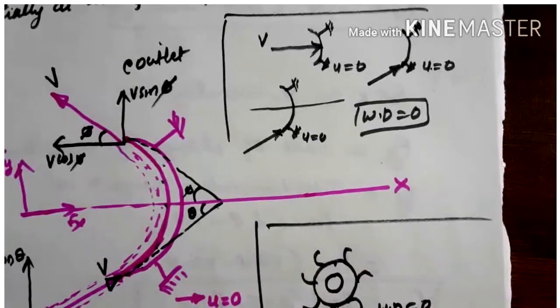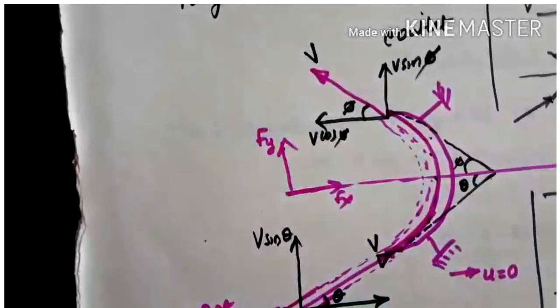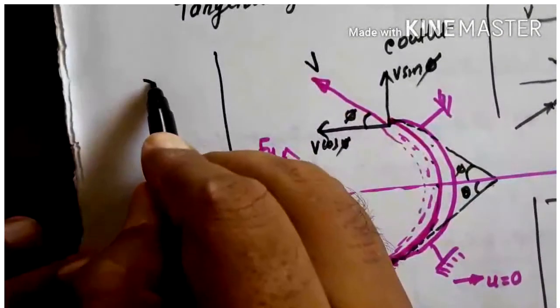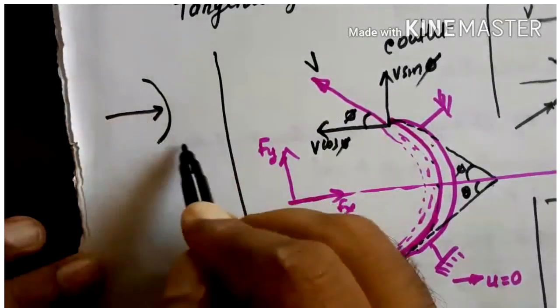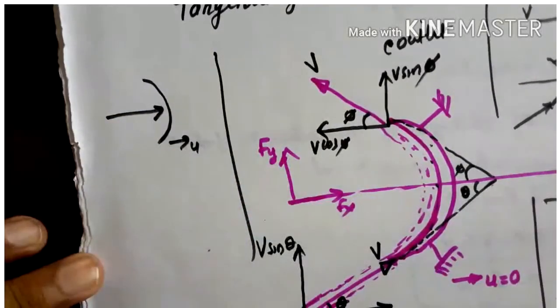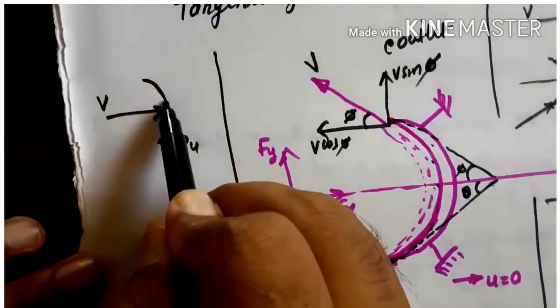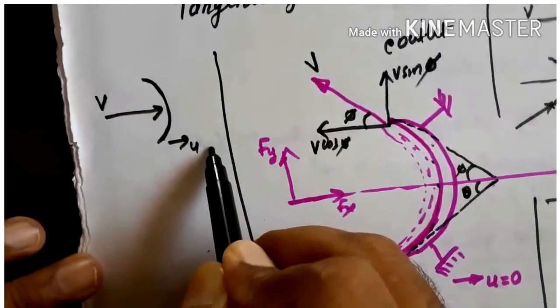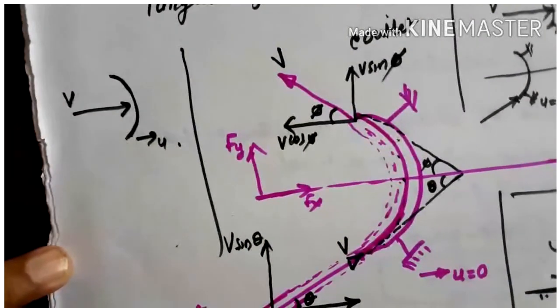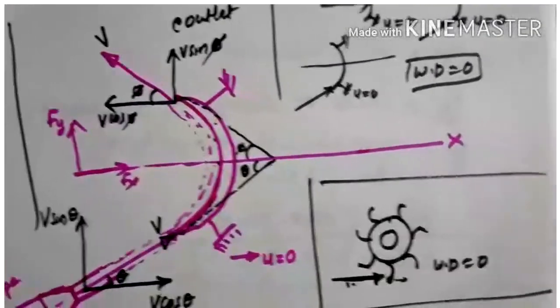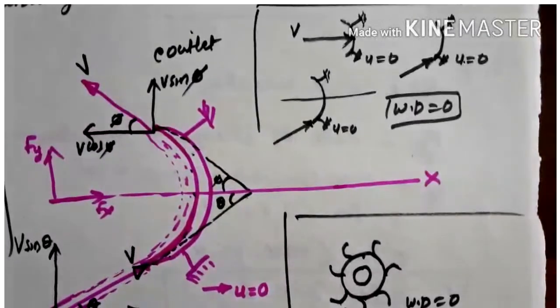In that case we take the same situation, the jet striking at the center, but the plate will also be moving with a velocity. So it is striking the vanes, and the plate is also moving. What is the efficiency it generates? Those cases we'll take in the next part of this lecture.